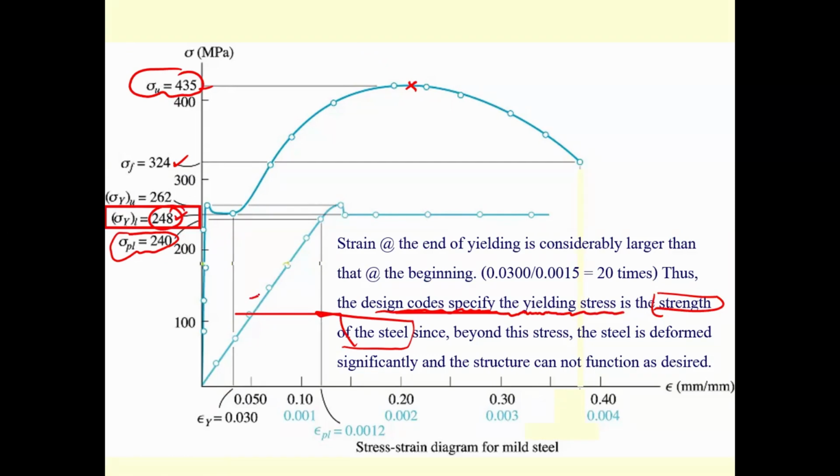So if you consider clearly, actually we only use the property of our steel in this region compared to the whole region. You may see that's already a very high safety factor.